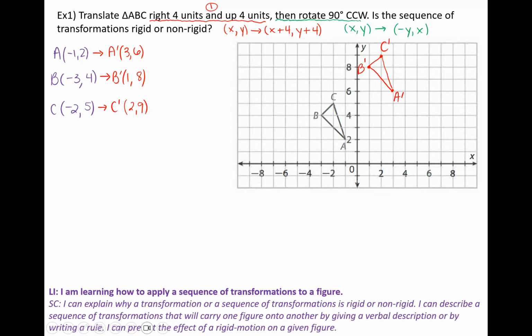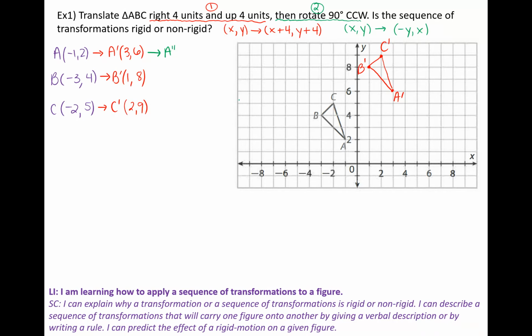The second transformation, we're going to build on top of that one. So when I go to do the second one, my rotate 90 degrees counterclockwise, the X and Y that I use for the rule are coming from my red ordered pairs from that first image. I'm actually creating what we call a double prime, because now this is my second image.